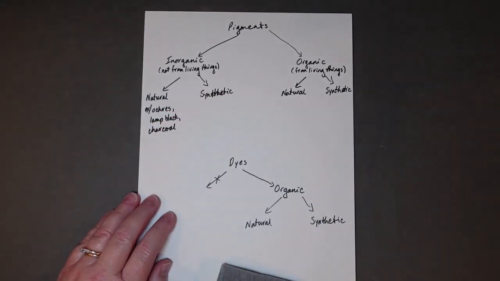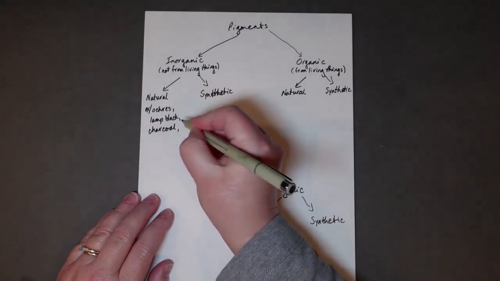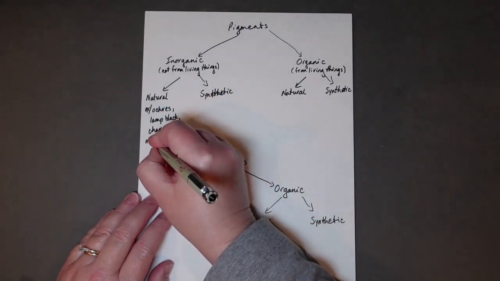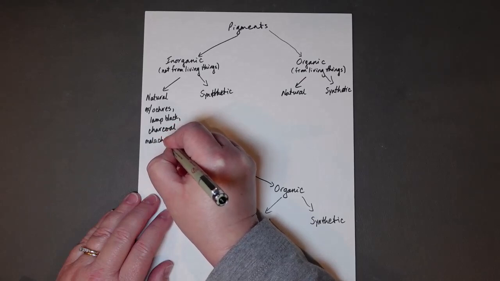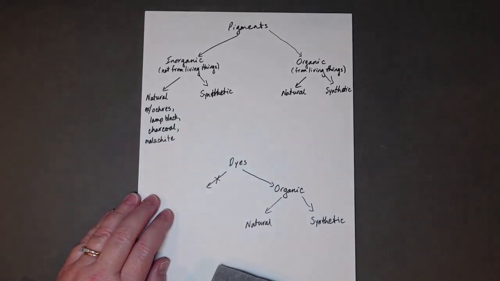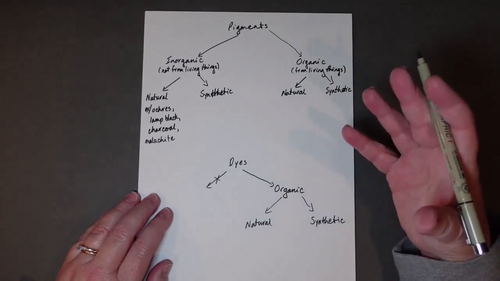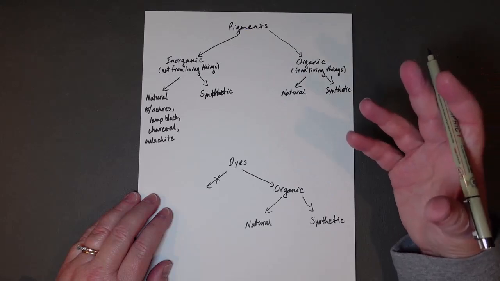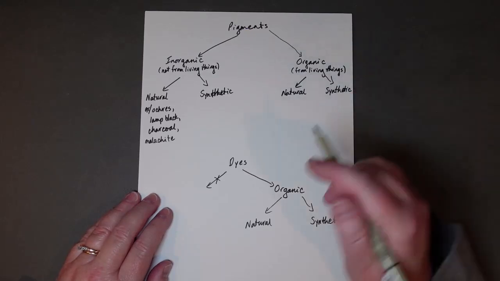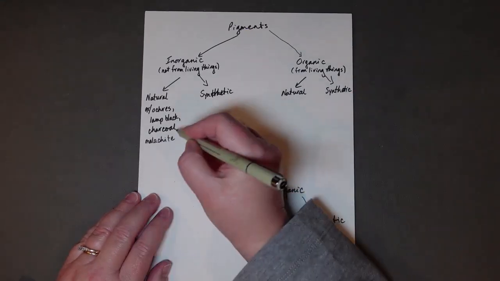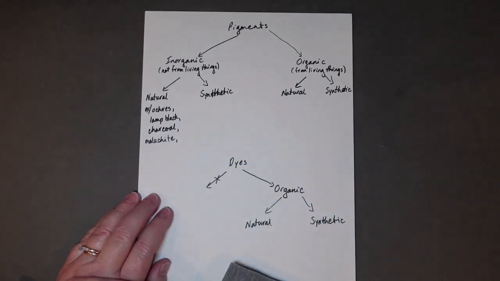We talked about all those things. Some of the ones we haven't talked about yet, but we will. A pigment called malachite. That's inorganic, so basically from rocks. That's not from living things. If you think about what's on the earth that's not living, rocks, dirt, right? So malachite will come from minerals, rocks.